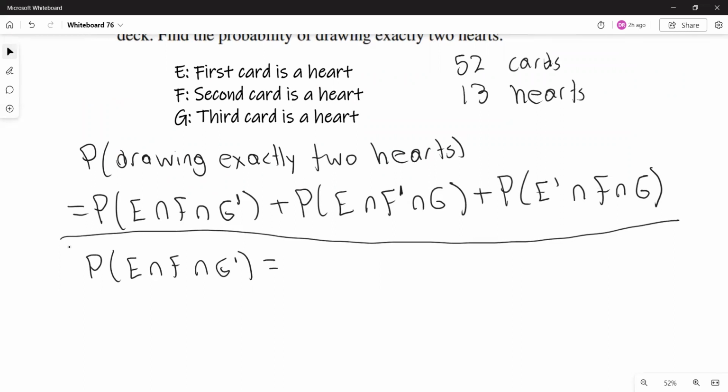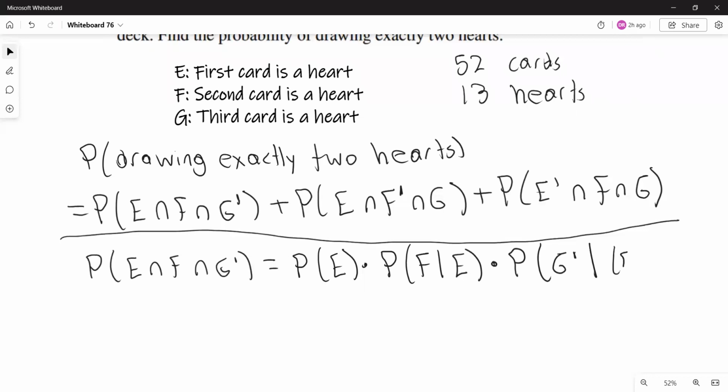That is going to be the probability that the first card is a heart, times the probability that the second card is a heart, given that the first one is a heart, times the probability that the third card is not a heart, given that the first 2 are hearts. The probability that the first card is a heart is 13 over 52.